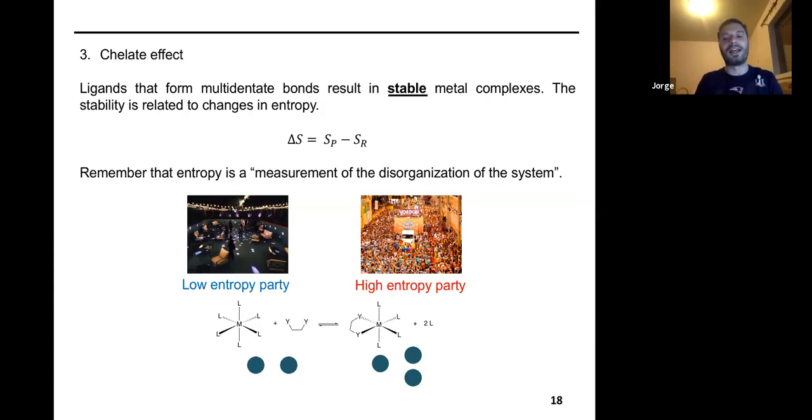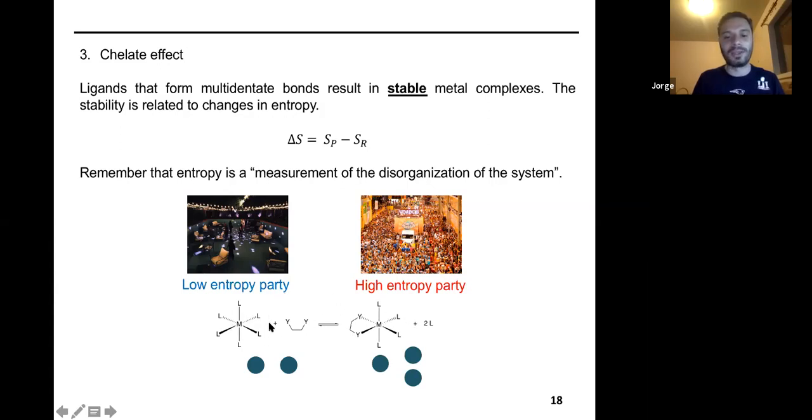Therefore, there is an increase in the entropy from left to right. All the reactions want to be in a high entropy party. Therefore, the reaction is spontaneous from left to right.